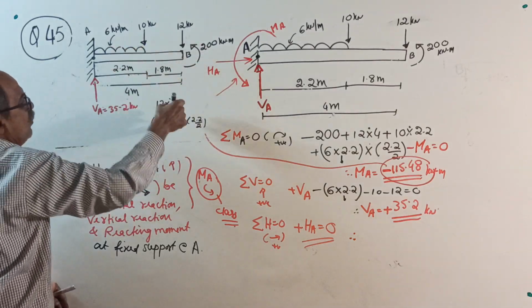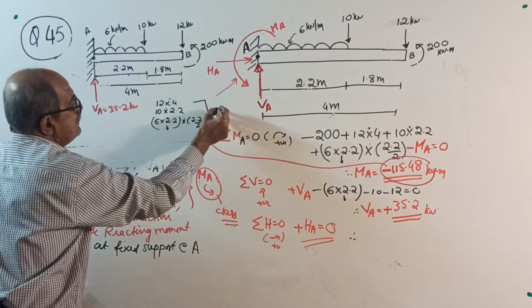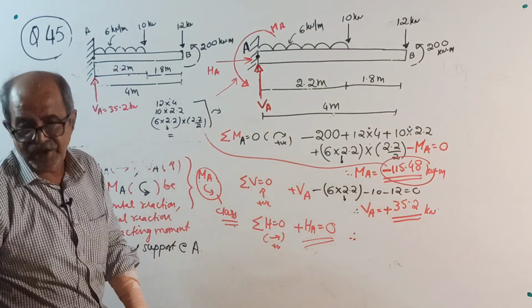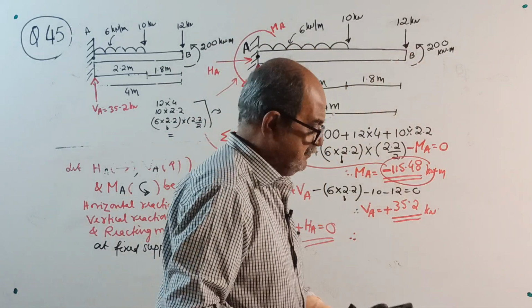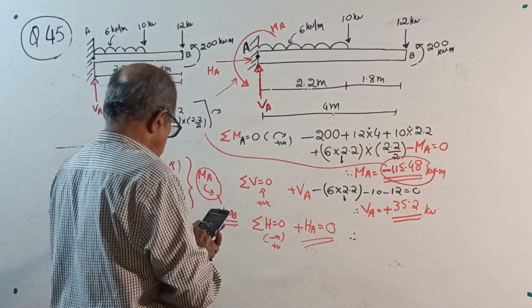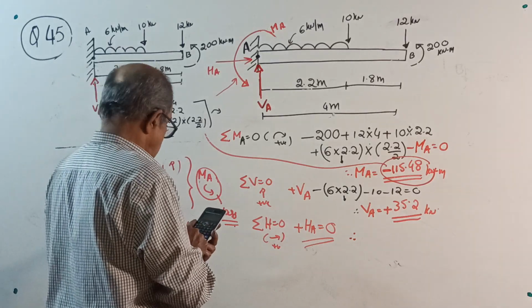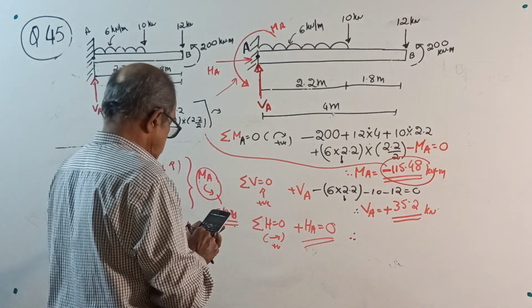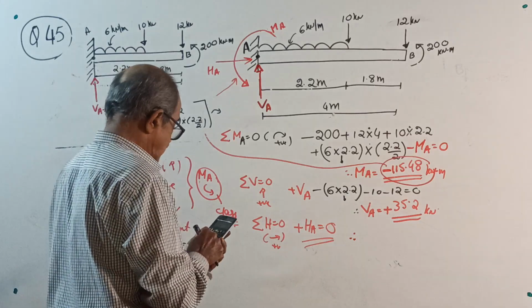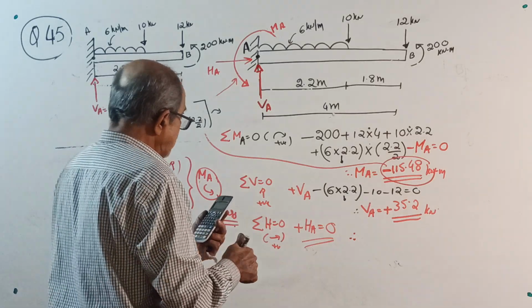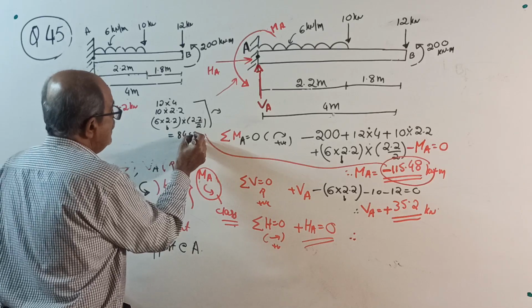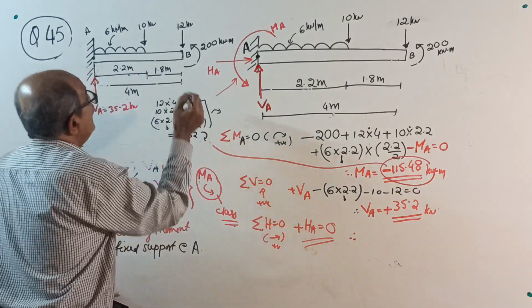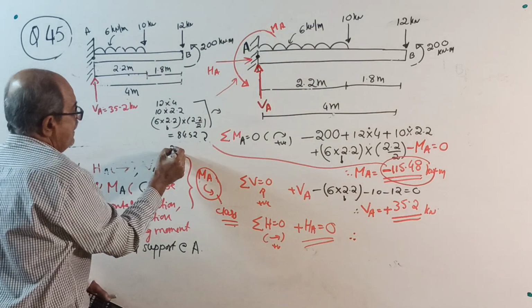All these are clockwise. Calculate that net value. Now I require a calculator. 12 into 4 plus 10 into 2.2 plus 6 into 2.2 square divided by 2. That is 84.52 kilonewton meter clockwise, but anti-clockwise of 200.